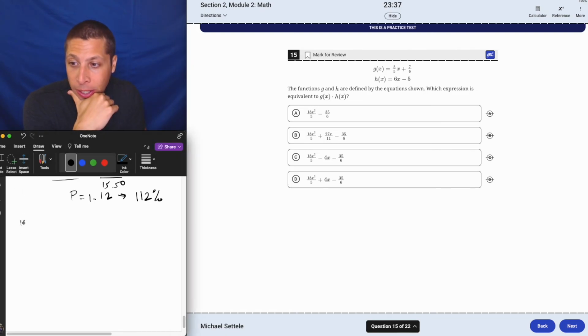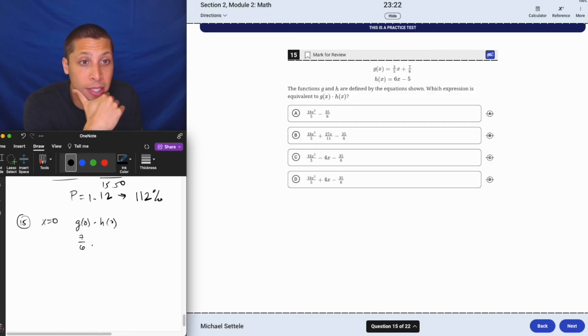So let's do x equals 0, meaning that we want g of 0, and that should just be times h of 0, right? So g of 0 is 7/6, and h of 0 is -5. So that is -35/6. Cool. Let's see which choice gives us that.